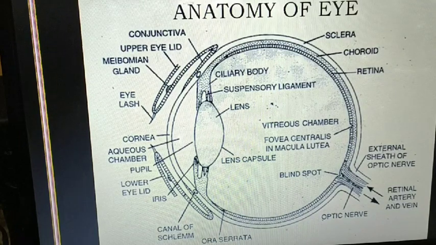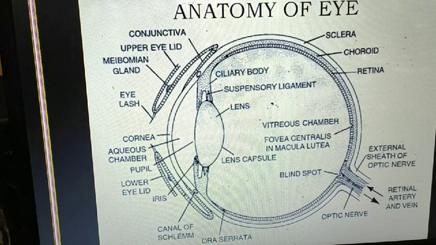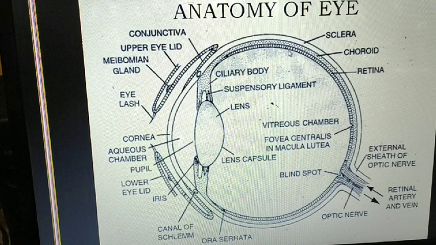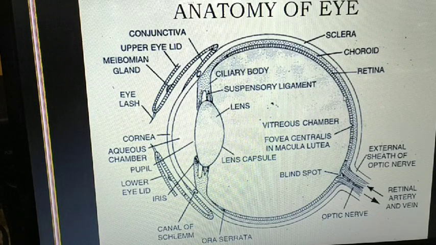Next we'll talk about the nervous coat, the retina. The retina is the innermost sensitive coat, and it lies just beneath the choroid. It is a very delicate, non-vascular, light sensitive and neural layer. Externally it is in contact with the choroid and internally it is in contact with the vitreous humor.